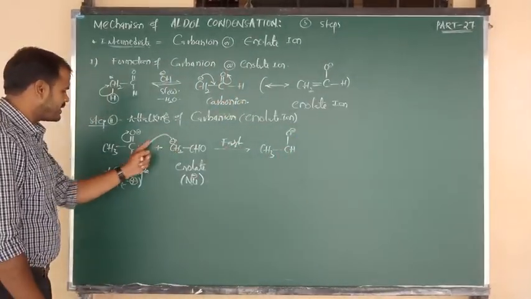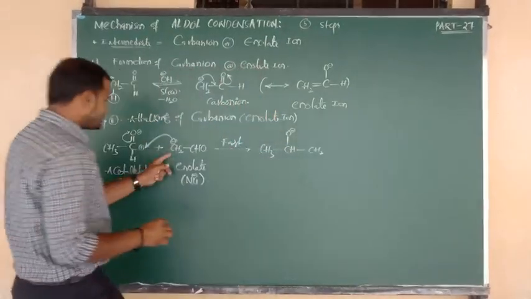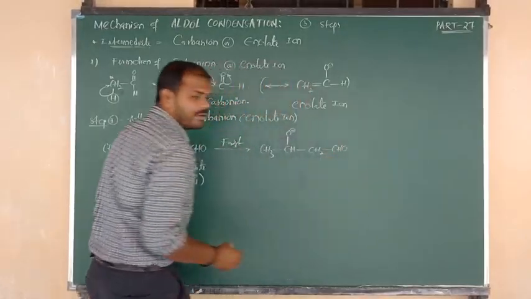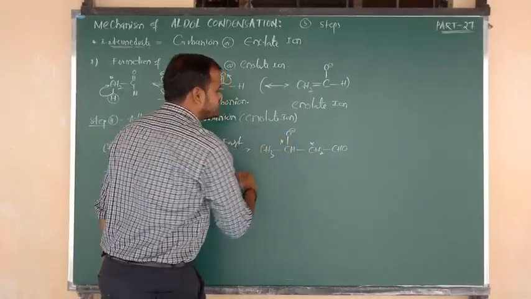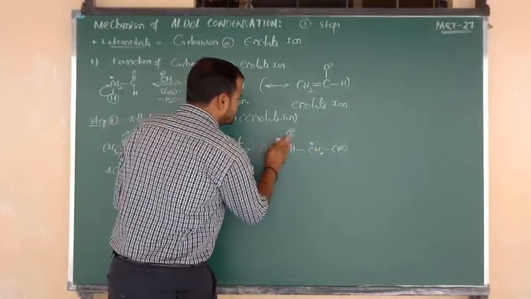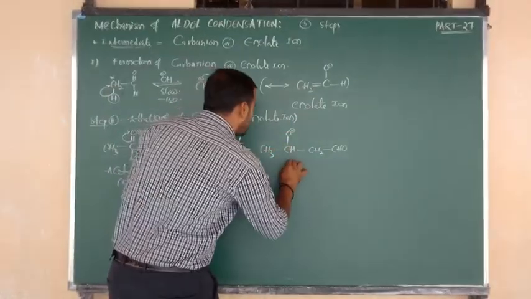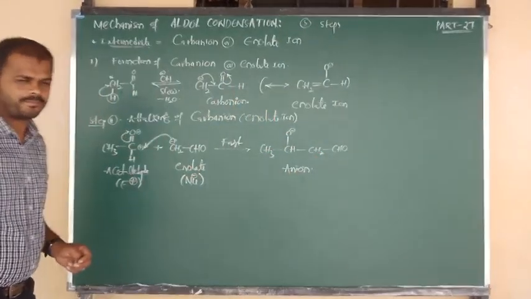But CH2 minus attacks upon the central C. So here I have written CH2, and after CH2 it is connected to the CHO group. This is the functional group, adjacent is alpha and next is beta. Simply you can say overall in this molecule, oxygen contains the charge minus, so it is nothing but an anion.